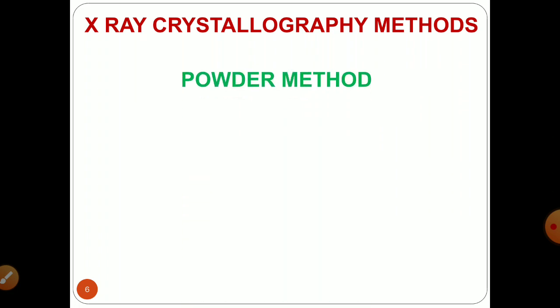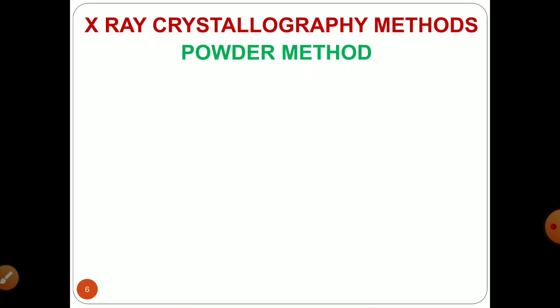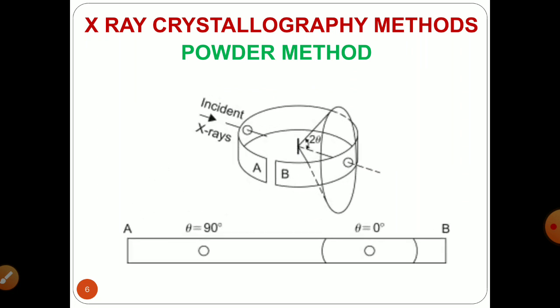The second method is your powder method, which is given by Debye and Scherrer, and it is probably the most useful X-ray diffraction method for crystal analysis. Like your rotating crystal method, the powder method employs monochromatic radiation and a finely powdered polycrystalline specimen.